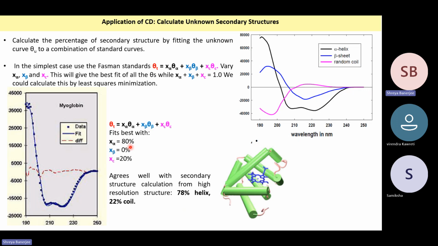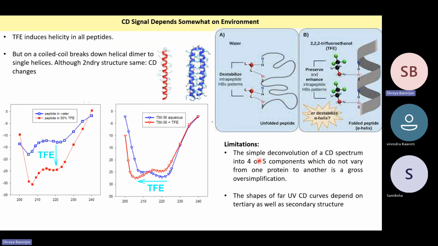But when the protein is made up of, say, 10 to 11 different kinds of secondary structures, in beta turn also you can have type 1, type 2, type 3, and so on. Suppose the protein has many different kinds of beta turns, parallel beta sheet, anti-parallel beta sheet, then the prediction software begins to fail, and it does not give a very good prediction.